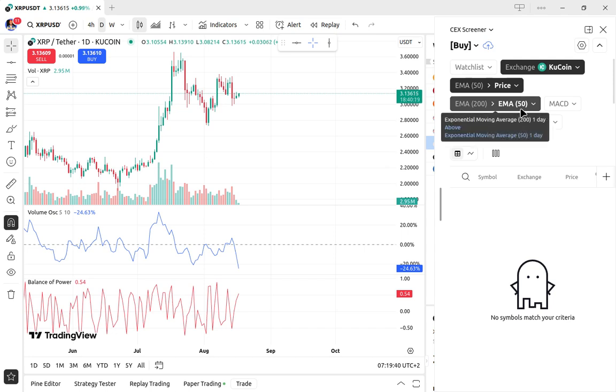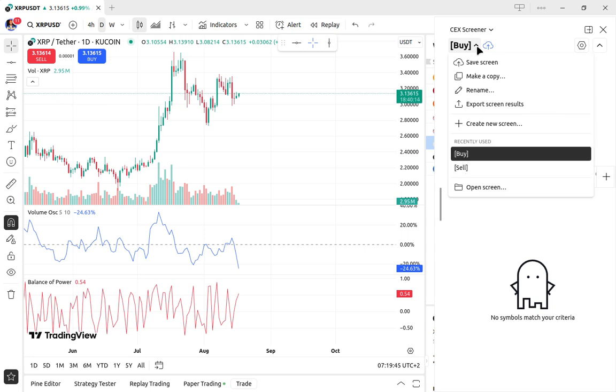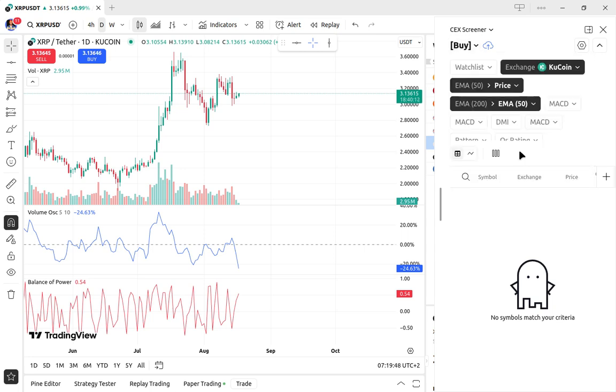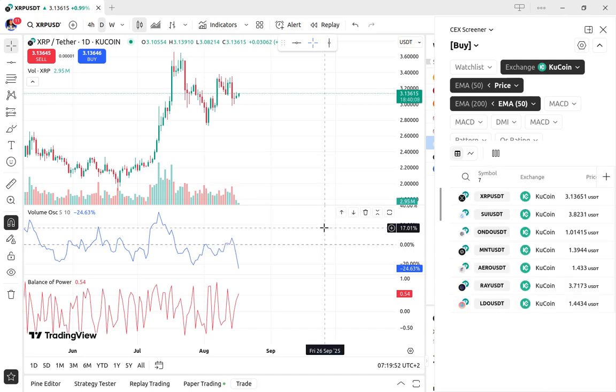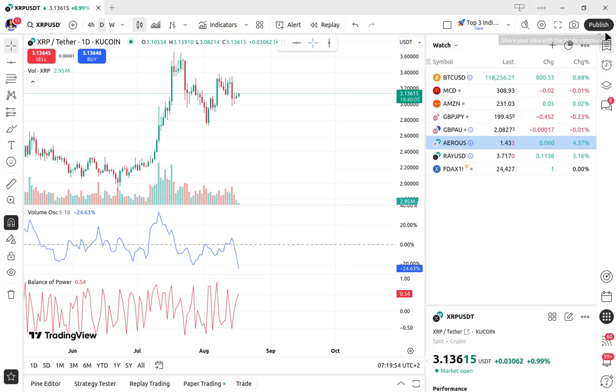Yeah, so basically I was just looking for a shorting opportunity, which is very hard to find. But if you're shorting, you just do the opposite of the buying strategy, right? So it would just be the opposite.